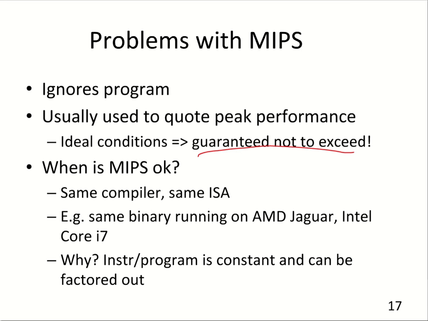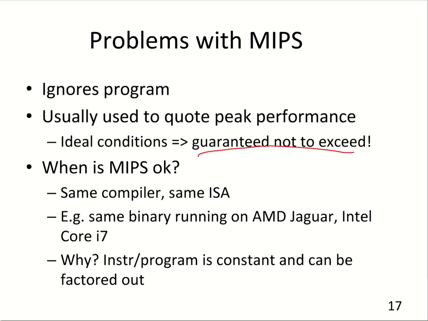When is the use of MIPS okay as a metric for performance? Well, if you're running really the same binary generated by the same compiler, running the same program, but you're just running on two different implementations. So you might be running on one of the new Jaguar cores from AMD that's in the PlayStation 4, or you might be running it on Intel Core i7, which is in your desktop PC.